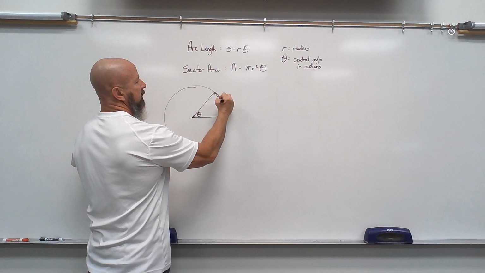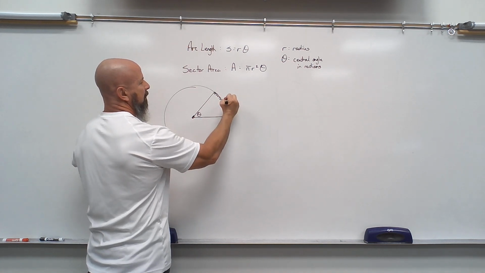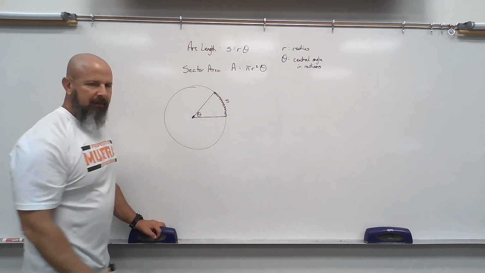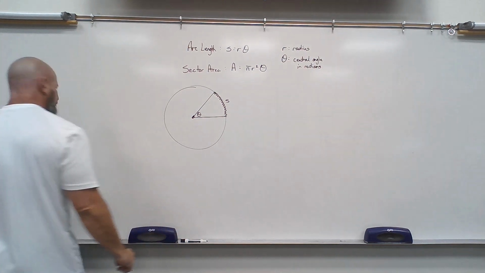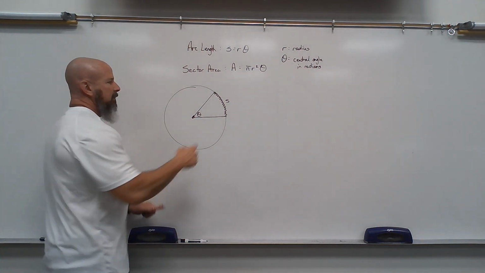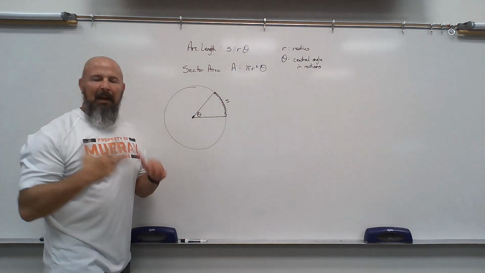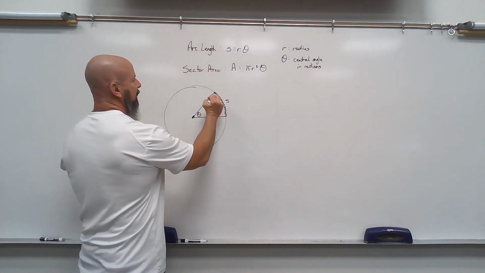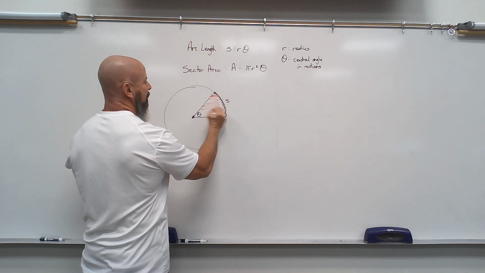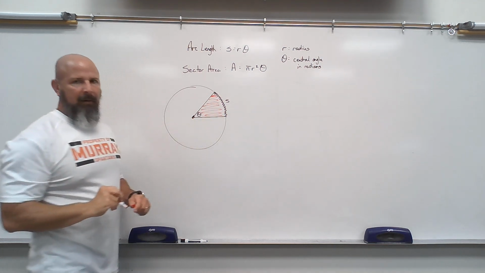This is the arc length. It's how long that arc is. Call that S. And then, of course, the area. So that would be like the length of the crust on a slice of pizza. The area would be the full area of the slice. I'll put the area in red. That would refer to the area there.